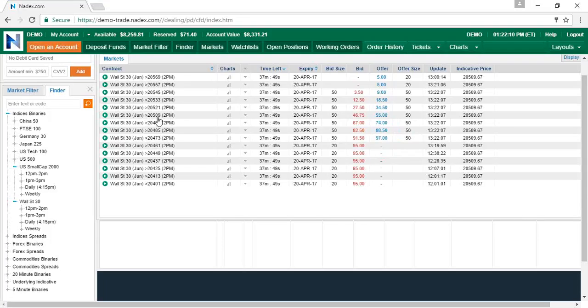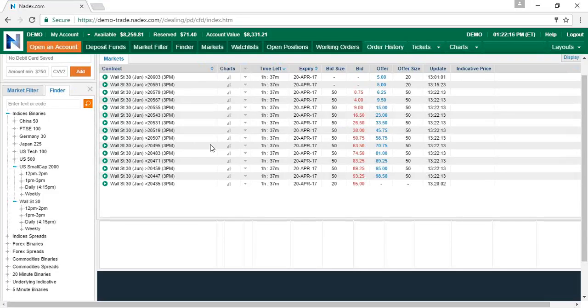If it moved X amount of points when I've still got 37 minutes or an hour and 37 minutes to expiration, what could I expect to potentially profit? Okay, does everybody understand that? If I lost anybody right there, please speak up and tell me now. Everybody understand what I'm showing you there?